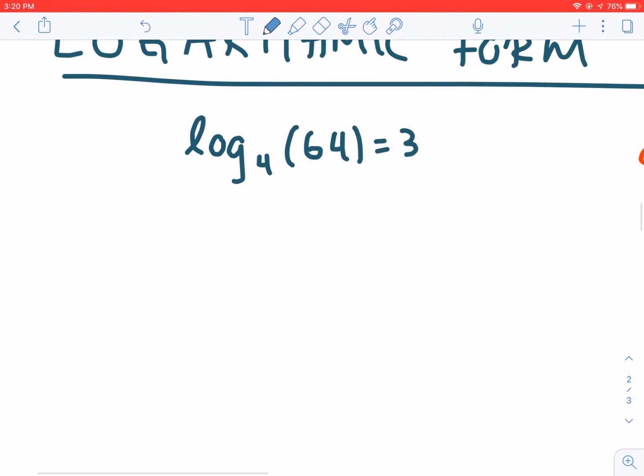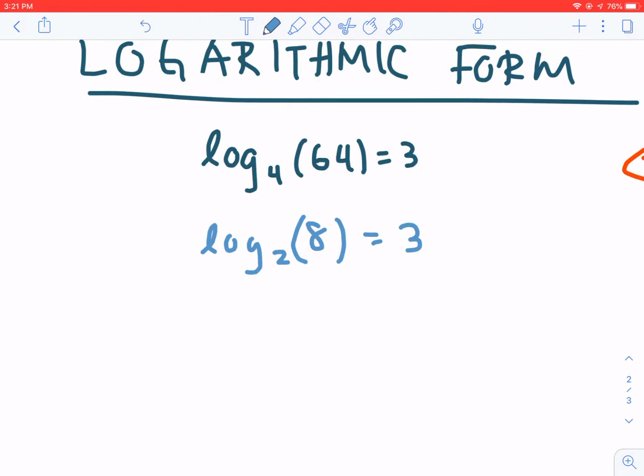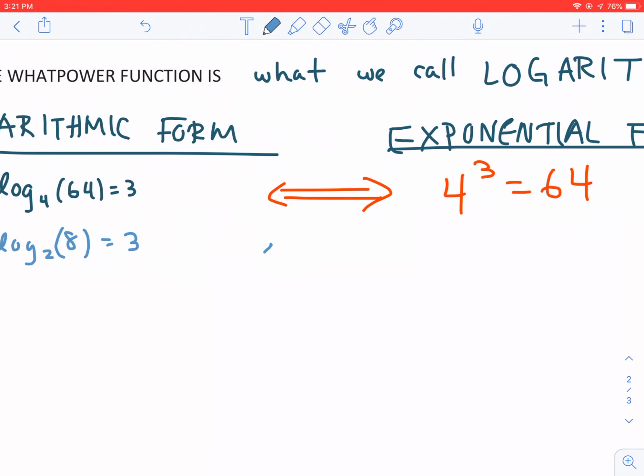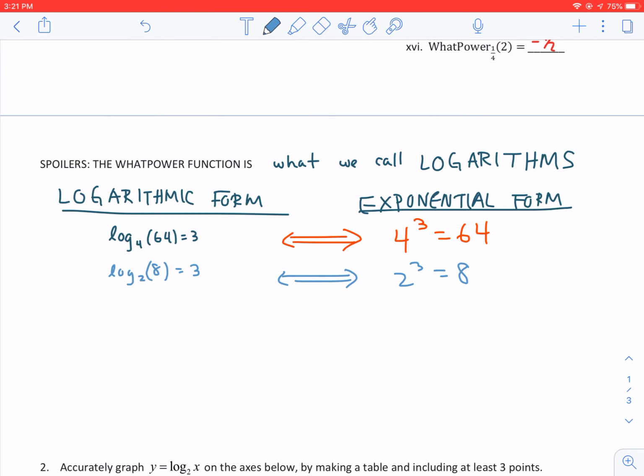In log form, if I have log base 2 of 8, what does that equal? That's equal to 3. I want you to think of this as WhatPower of 2 is 8, and the answer is 3, because 2 to the third power is 8. In exponential form, this would be 2 to the third power is equal to 8.